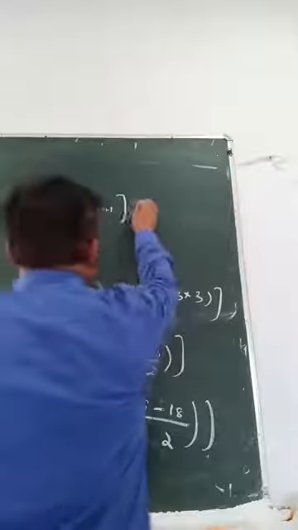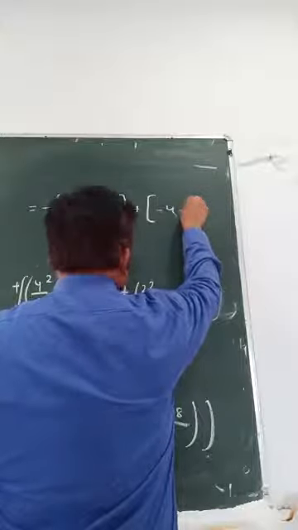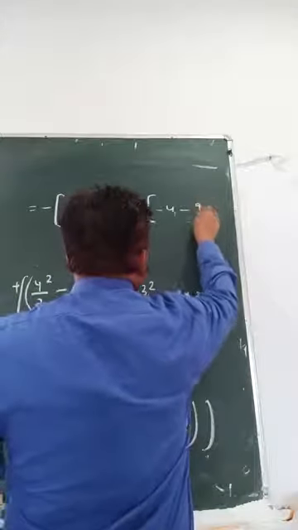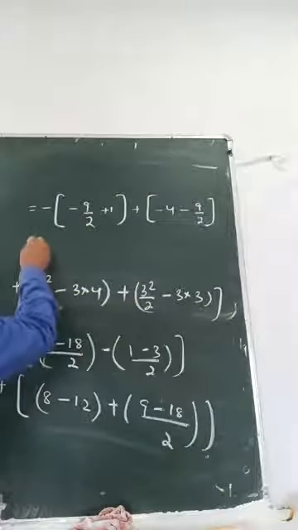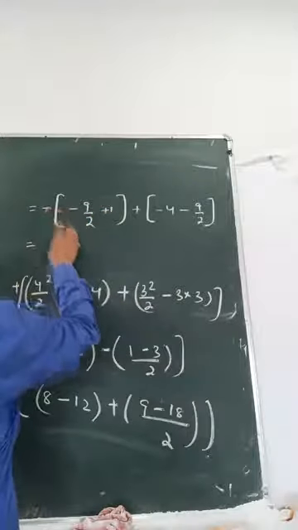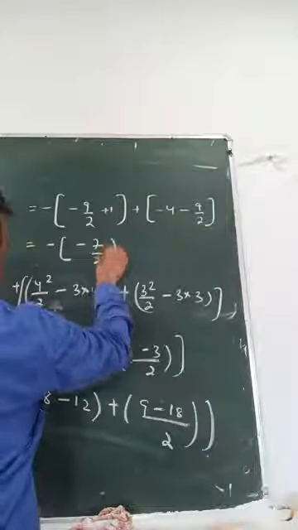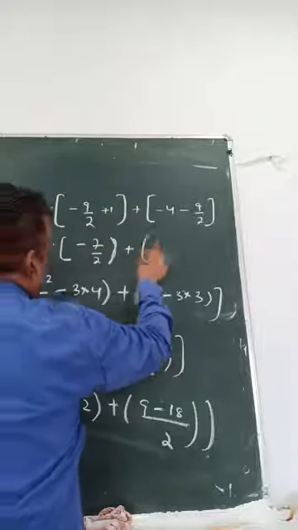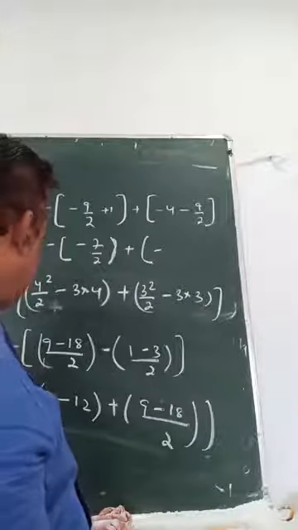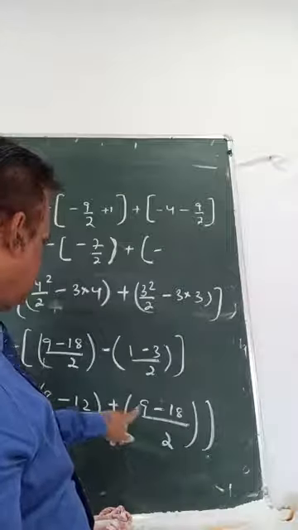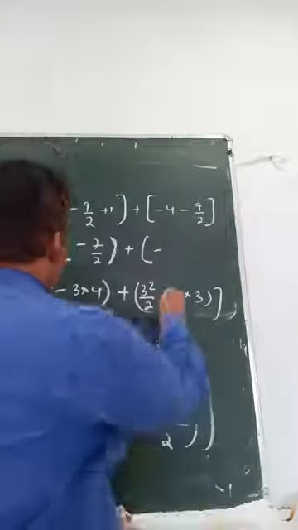Then plus minus 4, minus 9 by 2. If not done mistake, that is minus minus plus. The minus 7 by 2. This is minus 17 by 2.